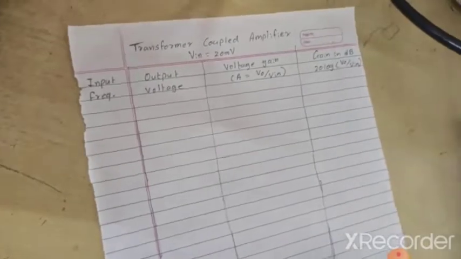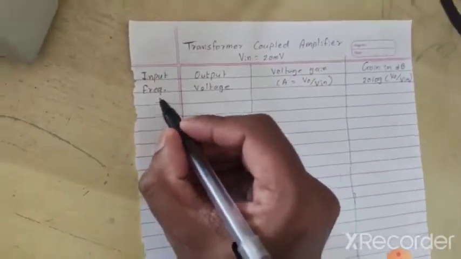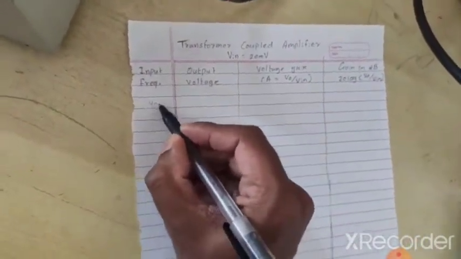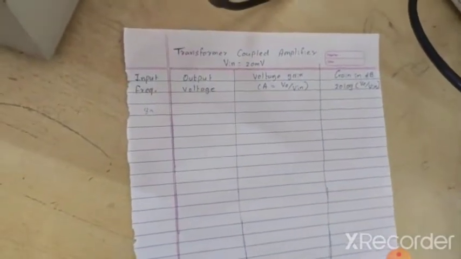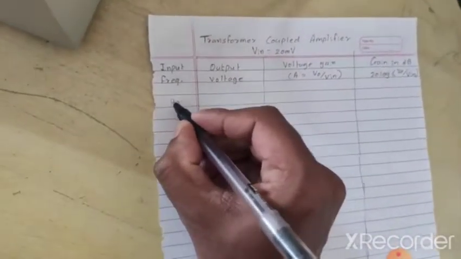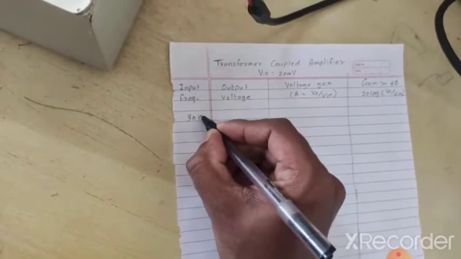I am going to write down the observation table here. The input voltage is 20 millivolt, which we have taken from the function generator. We have to vary the frequency, and the output voltage will vary simultaneously.